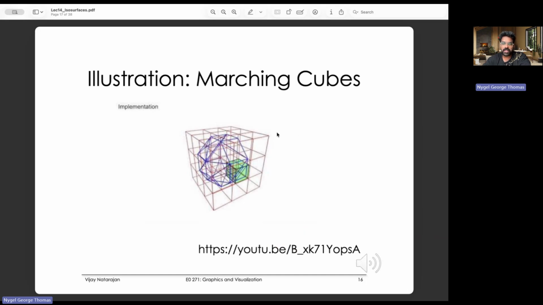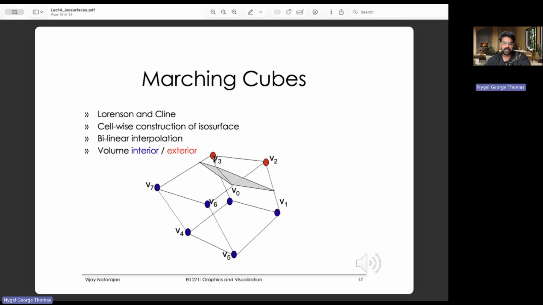The marching cube algorithm is a 3D extension of this. Here we had 2D grids, and instead of that, you have 3D voxels, which you're looking into. Each cube will be considered at a time, and you will be finding the isosurface for that.